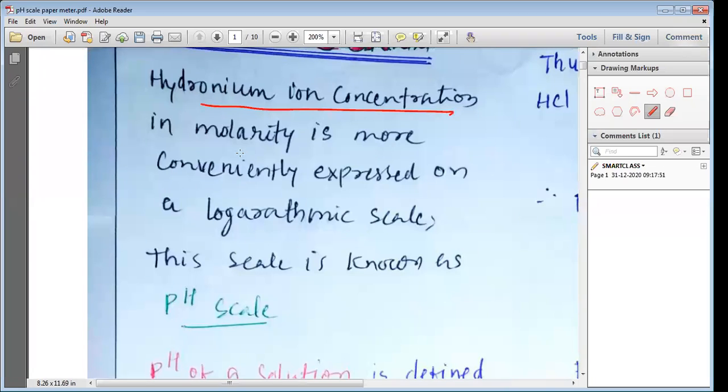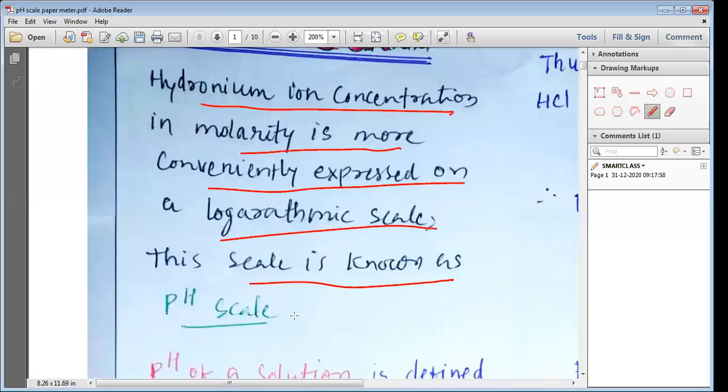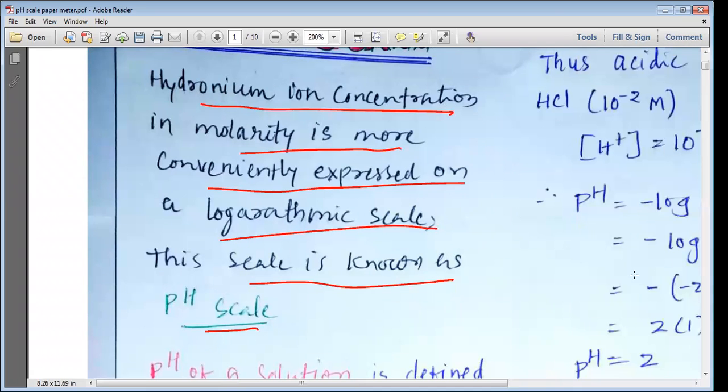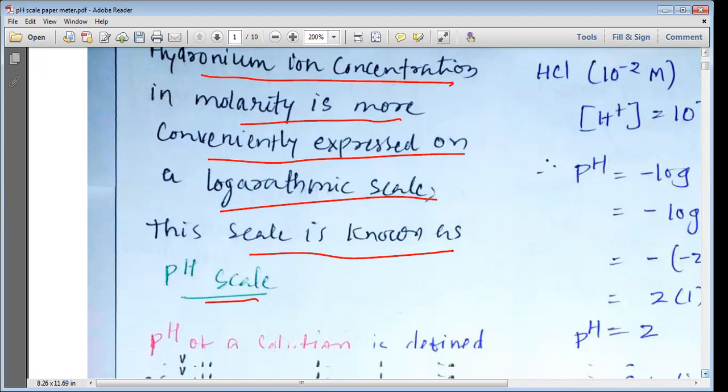Hydronium ion concentration in molarity is more conveniently expressed on a logarithmic scale, and this scale is known as the pH scale. So pH scale is nothing but the logarithmic scale of representation of the hydronium ion concentration.